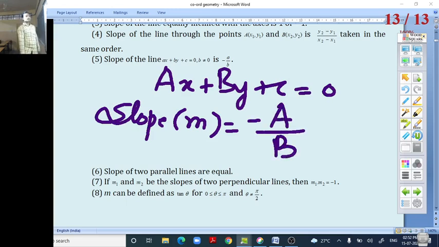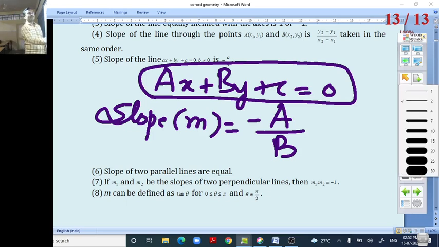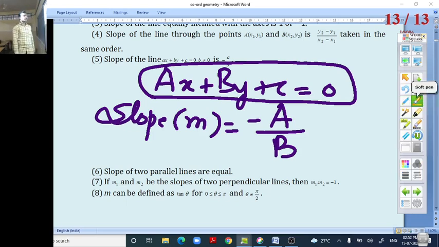You can observe here that minus a by b is the slope of any line of the form ax plus by plus c equals 0, where a and b are real numbers and c is also a real number, and x and y are the variables.